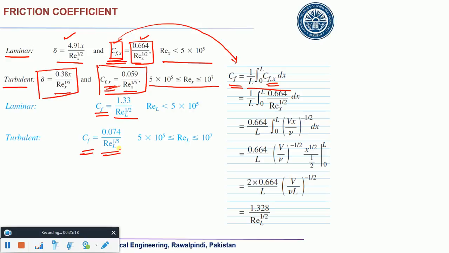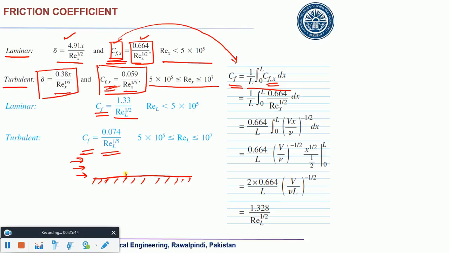Okay. So for example, there is a case where, this is quite interesting, this is a flat plate, and obviously as you move along the plate, Reynolds number would increase.